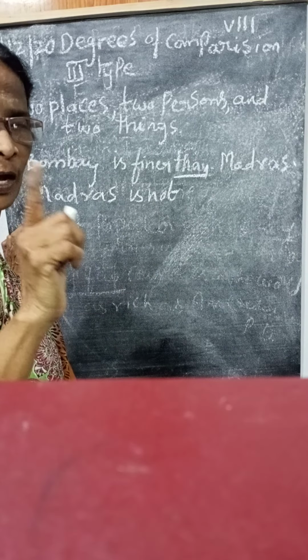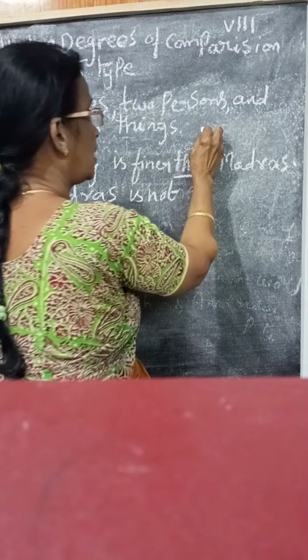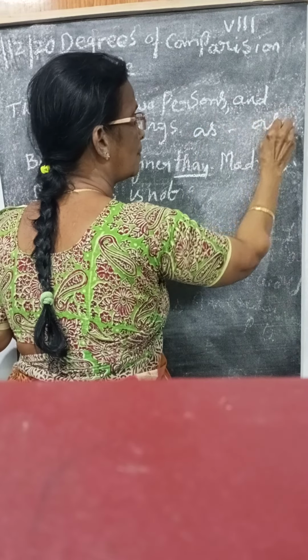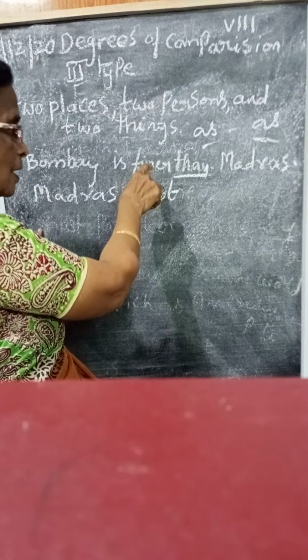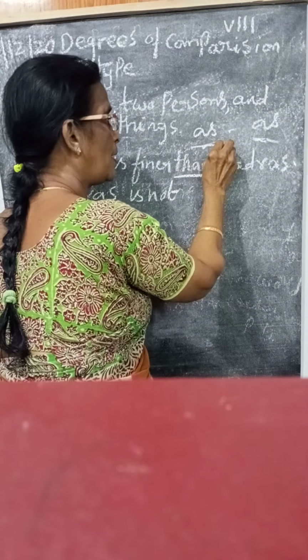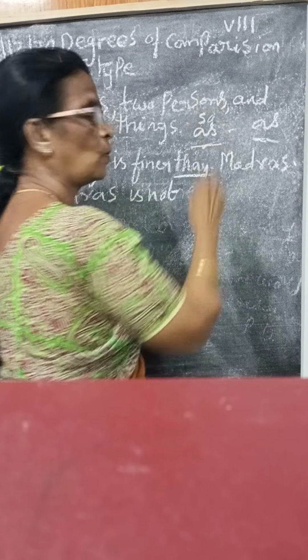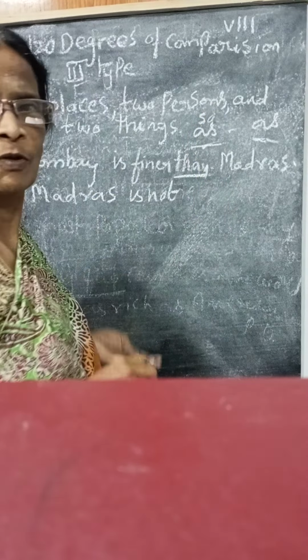What is the clue to find out the positive degree? As will be there. But when we are using the negative, instead of as we have to write so. You have to write so. So, Madras is not so fine as Bombay.